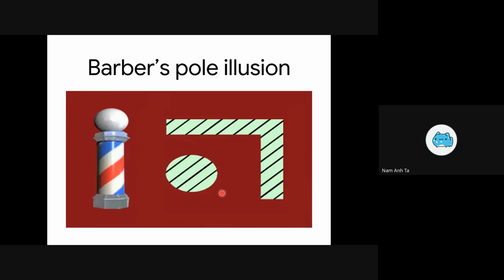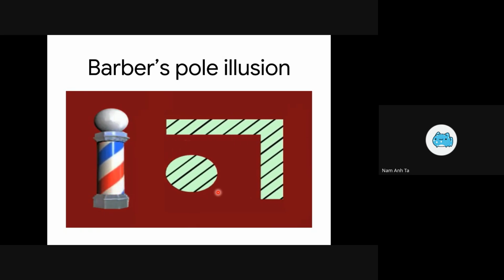We can only perceive the velocity component that is perpendicular to the edge. For example, on the right here, a vertical slit makes us perceive upward motion, and a horizontal slit makes us perceive a rightward motion. Only a circular opening can preserve more directional information.